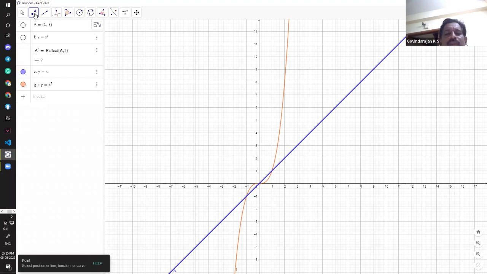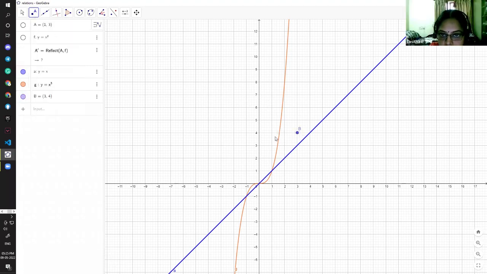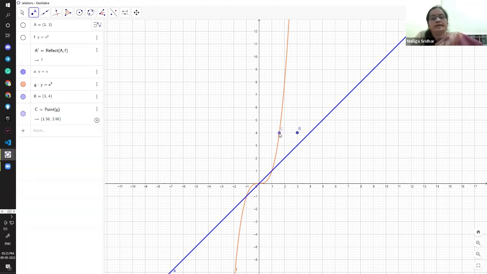If I choose a point that is not on the curve y equal to x cube, isn't it? No, ma'am, on the curve I have to take a point. I am not able to take an exact point here.